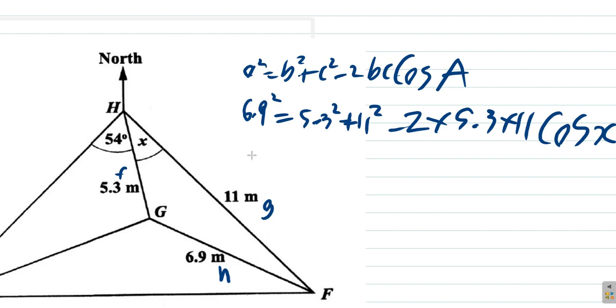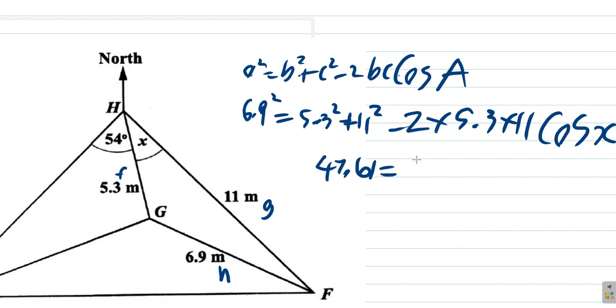So we have 6.9 squared. Do it in the background. Use a calculator. 6.9 squared. What did you get? I use my calculator. I got 47.61 equals, what is 5.3 squared?